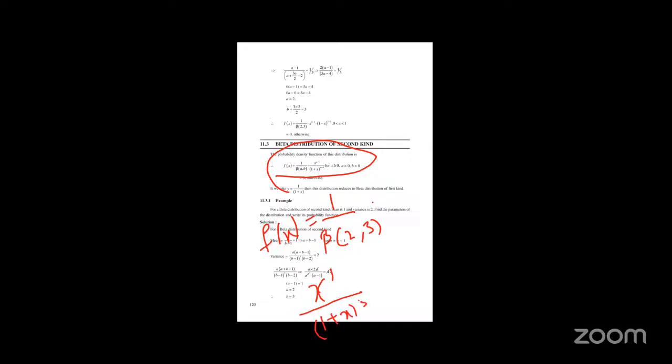So this becomes 1 by beta of 2 comma 3 into x by 1 plus x whole power 5. This is what we'll get as the probability density function.